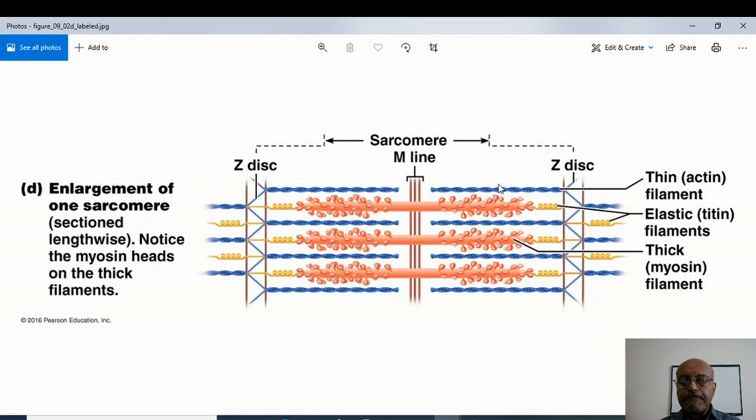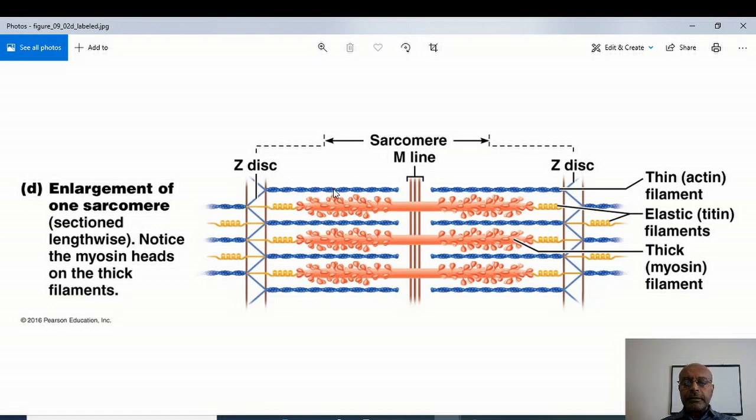By the way, in your textbook you might see this thick myofilament described as myosin. The reason why they use the word myosin to describe this thick myofilament is because it is composed of the protein myosin, and this thin myofilament consists of the protein actin, so sometimes they may describe it as actin.